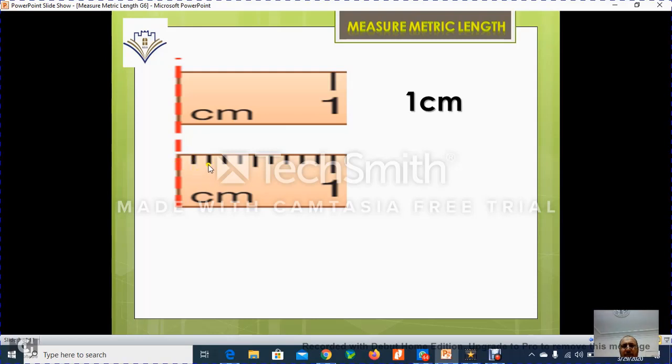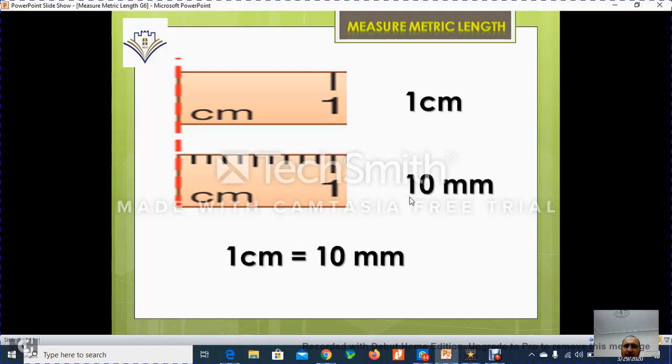If we jump to another, 2 millimeter, 3, 4, 5, 6, 7, 8, 9, 10 millimeter. Then 1 centimeter is equal to 10 millimeter.